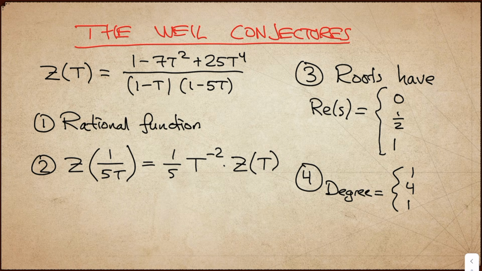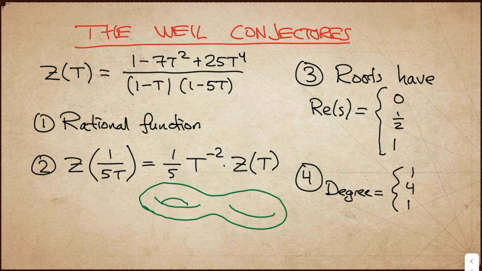Recall that this was a genus 2 curve. So the complex solutions would look like this, a double torus, and the general statement for curves is that this middle number is always twice the genus. And this is the fourth of the Weil conjectures.